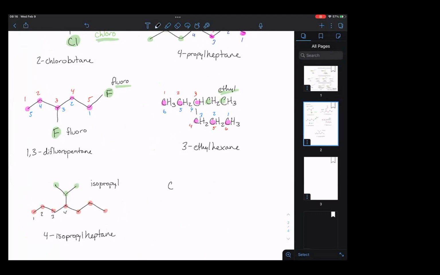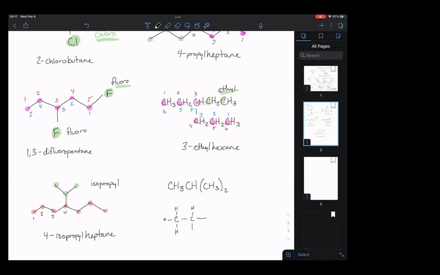It would be CH3, CH3, 2, something like this. So you'll notice if we start building a Lewis structure, CH, this carbon is missing 2 bonds.